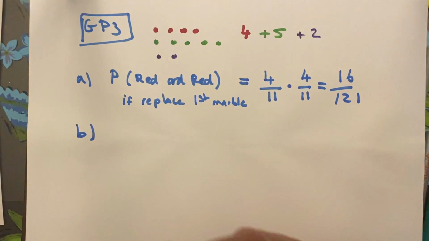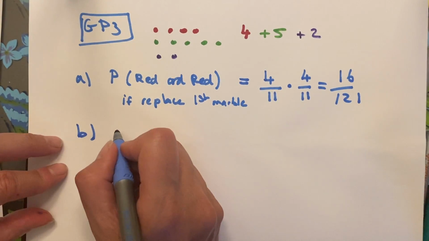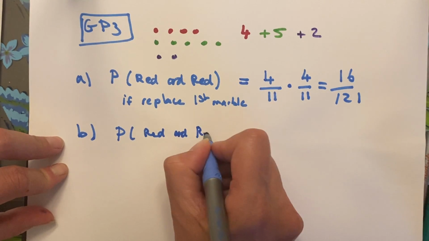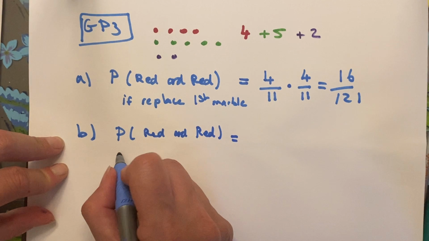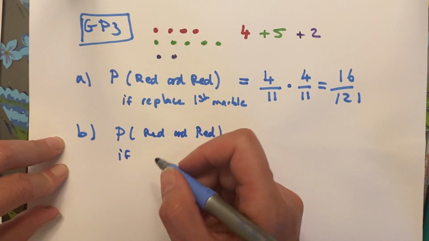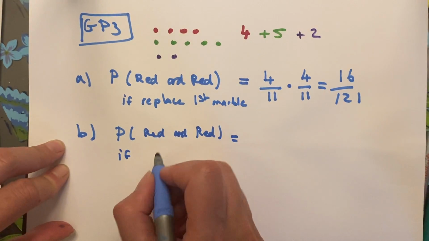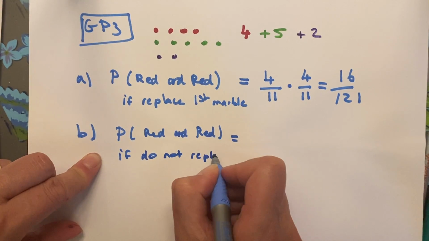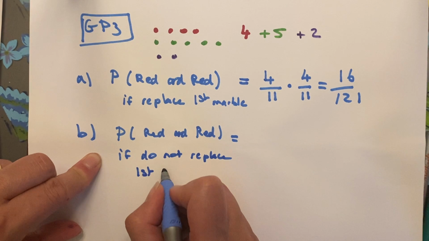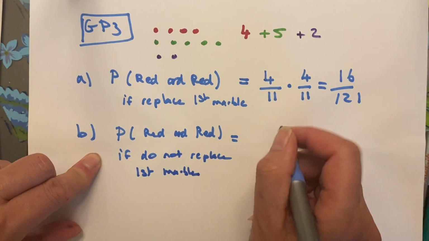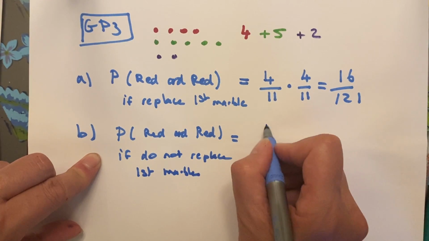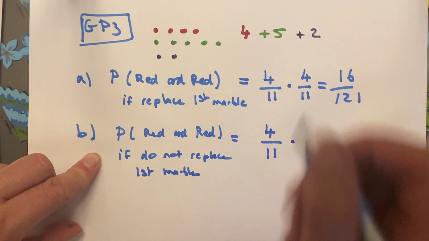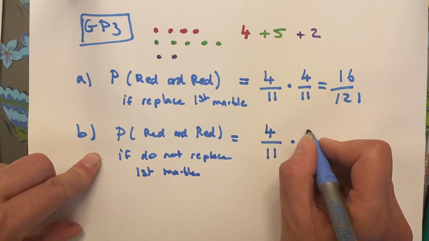Part B, they're going to say again, what's the probability of red and red if I do not replace the first marble? Well, in that case, your first probability is still 4 out of 11, but now I only have 10 left in the bag after I keep my first red one out.